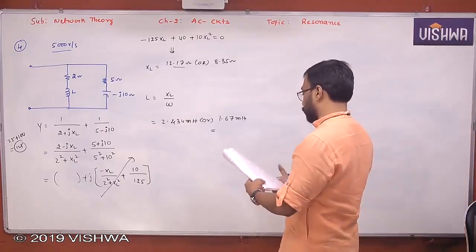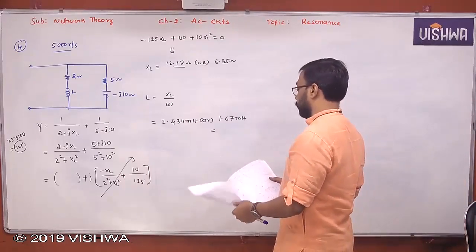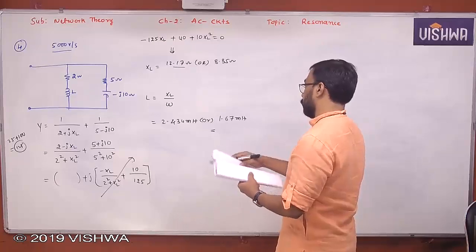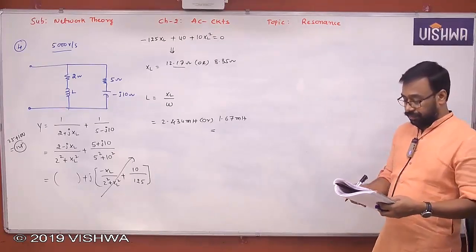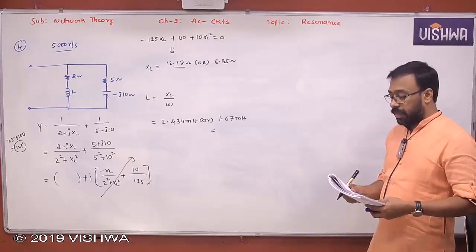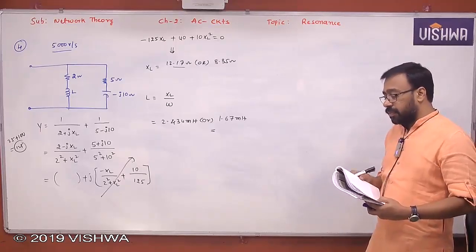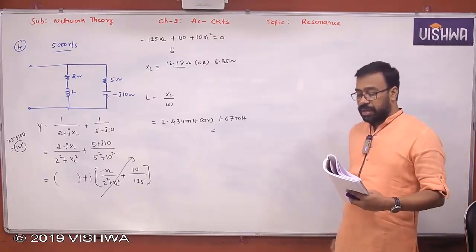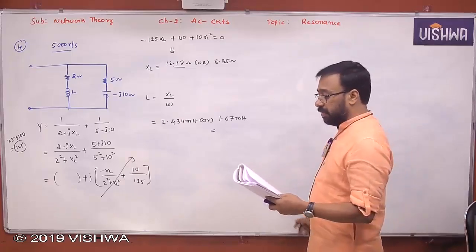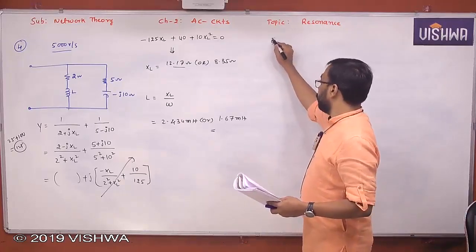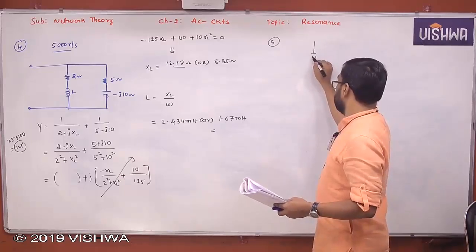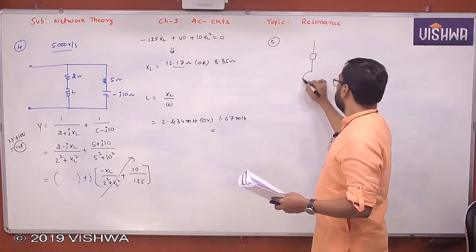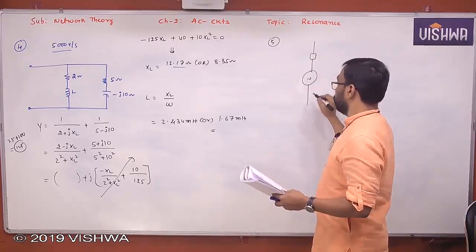Fifth question, you can see. At what value of C will the power transmitted to the 10 ohm resistor be maximum? Fifth question. It's very, very important again.